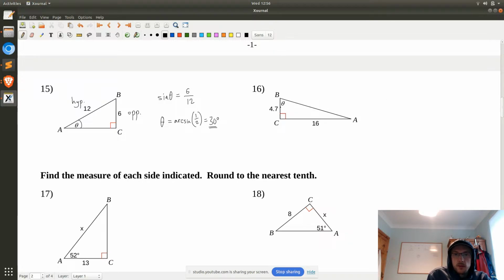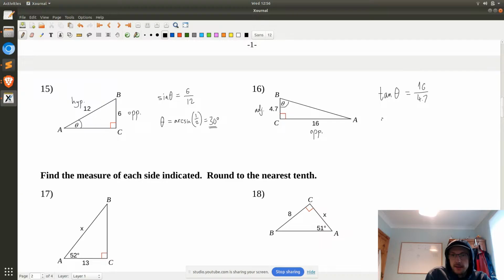In this case, what's the adjacent side? Well, it's this one here. 4.7 is right next to the angle. What's the opposite side? This one. So it's opposite and adjacent, so use tan of theta. So tan of theta is opposite over adjacent, so it's 16/4.7.